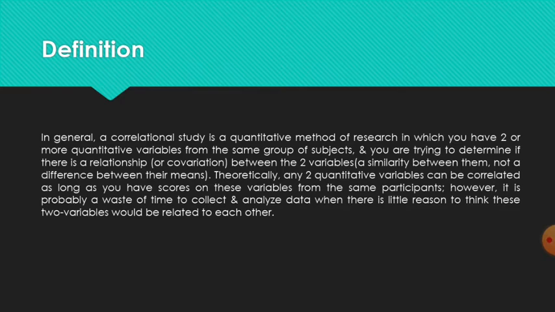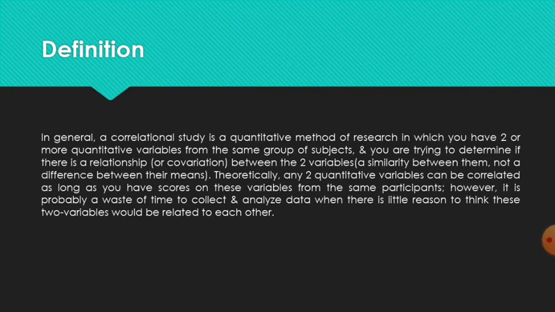In general, a correlational study is a quantitative method of research in which you have two or more quantitative variables from the same group of subjects, and you are trying to determine if there is a relationship or a covariation between the two variables, a similarity between them, not a difference between their means.